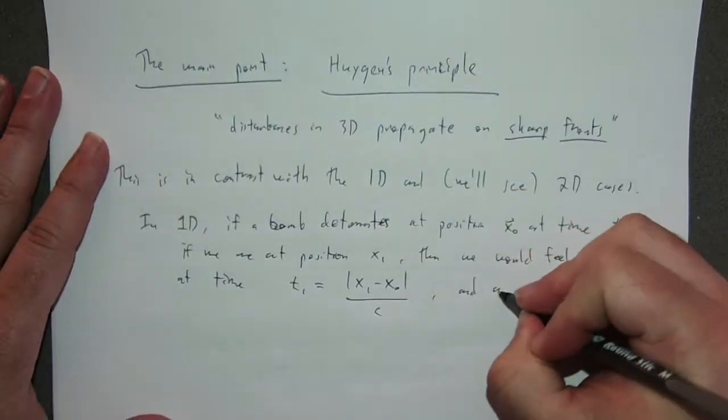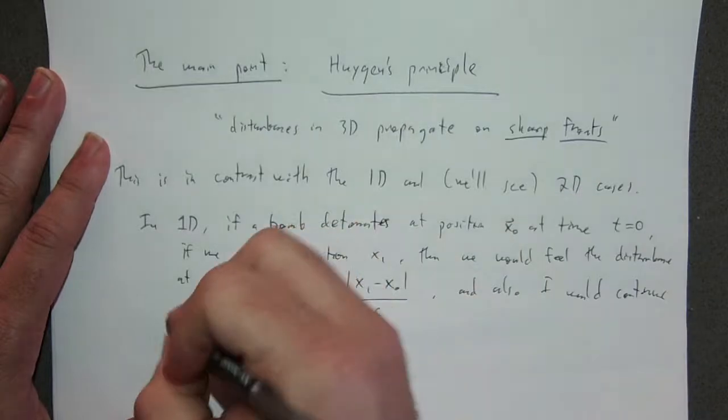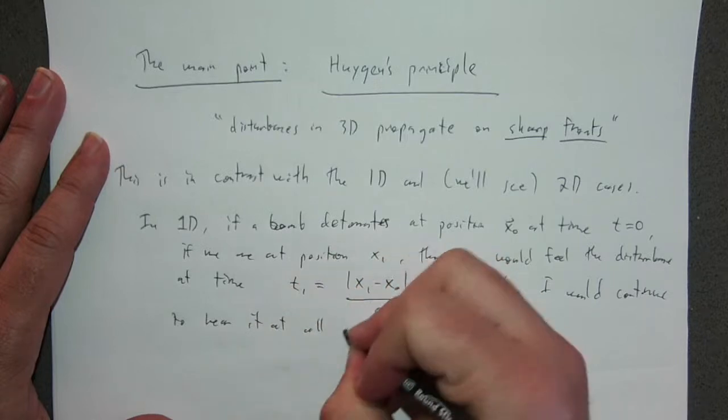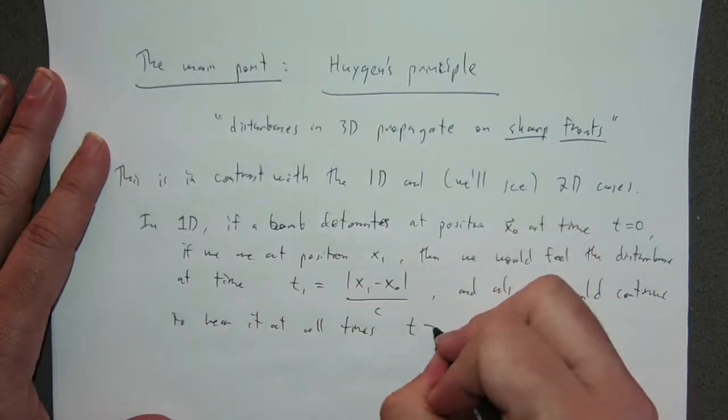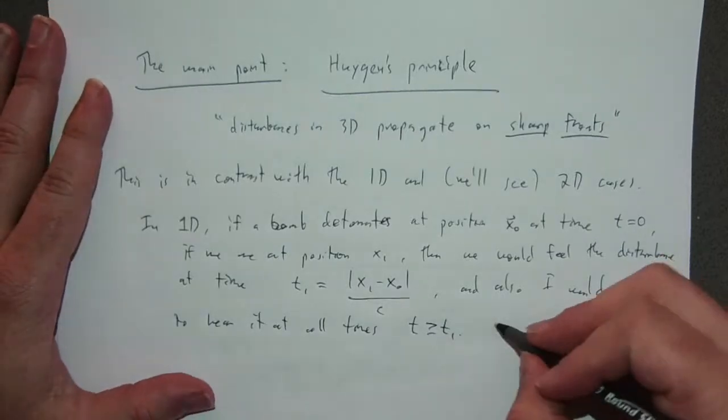And also I would continue to hear it at all times t greater than or equal to t1. Right? That was how 1D propagation worked. Go back to those profiles we plotted. Go back to those pictures of the domain of dependence and influence. And what this means is that a similar thing is true in 2D.